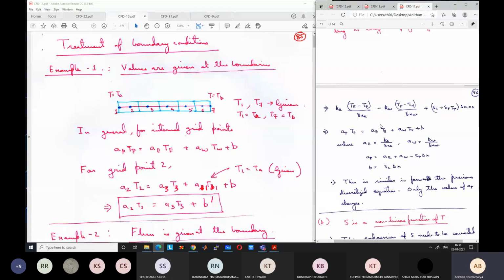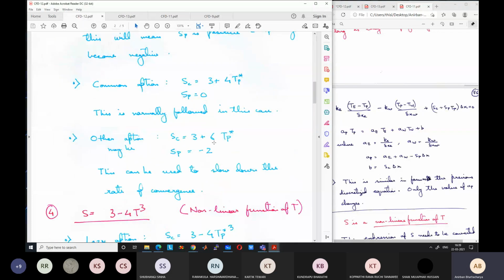And we now know how to take a non-linear source term and make it linear. Whatever is the constant part will come into this B after doing that linearization, and whatever is the SP part will come into this AP.